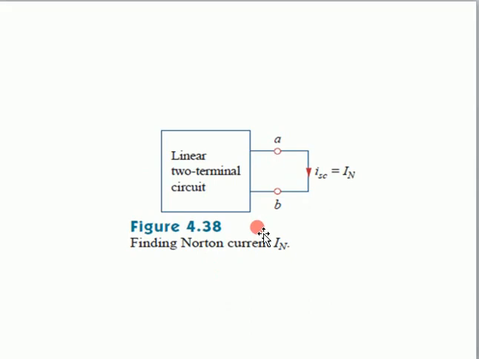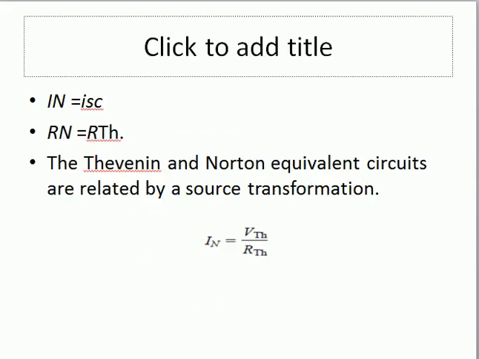We have to find the value of IN, the Norton current. Here the linear two terminal circuit is shorted, and we have a current, the I short circuit, that is equal to IN. Here IN is equal to I short circuit, RN is equal to RThevenin.